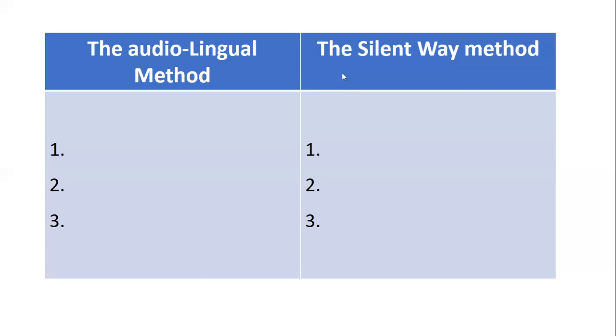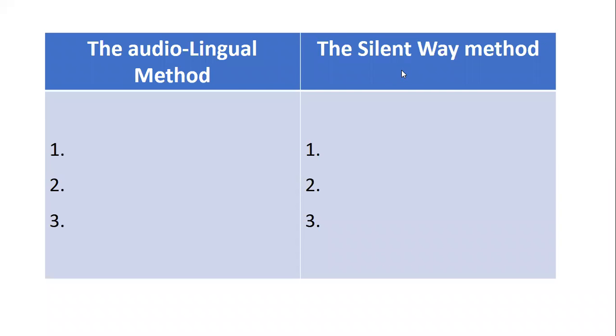Okay, guys, go ahead. For me, the audiolingual method is hearing things in repetition, like the video of yesterday. The kids were repeating the dialogue that the teacher said, right? So for me, audiolingual is based on repetition.